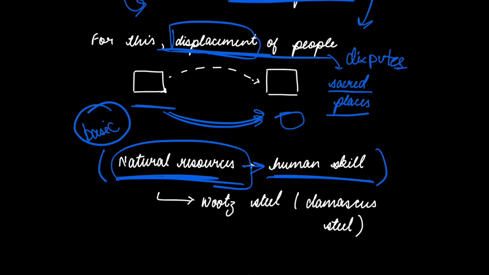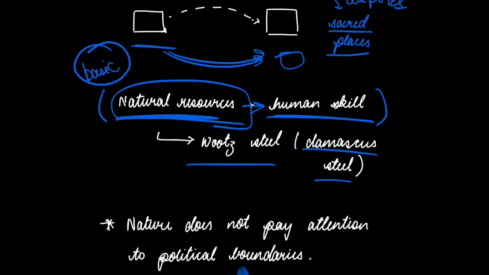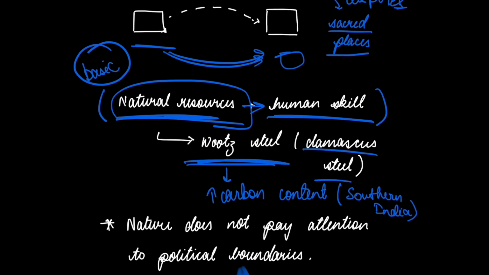One such example is wootz steel, which is a Damascus steel mostly found in the southern parts of India. It is known for its high carbon content. It has high carbon content and is mostly found in southern parts of India. You have to remember this. They have mentioned this especially in your NCERT.